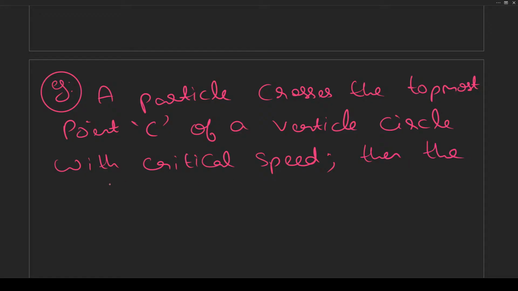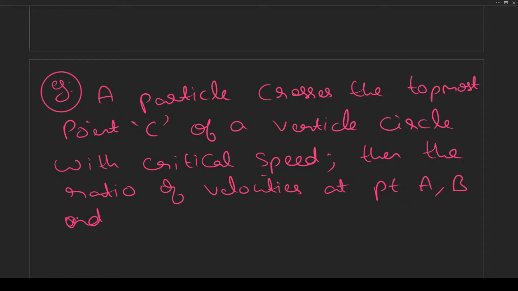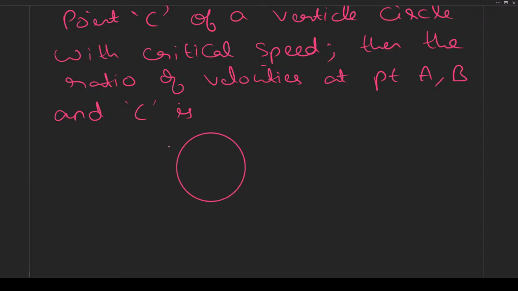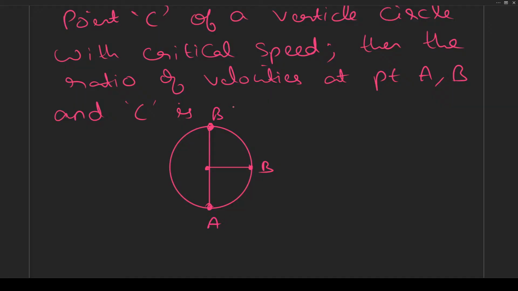Then the ratio of velocities at points A, B, and C is, where the points are B, A, C, at 90 degrees. This is point O.